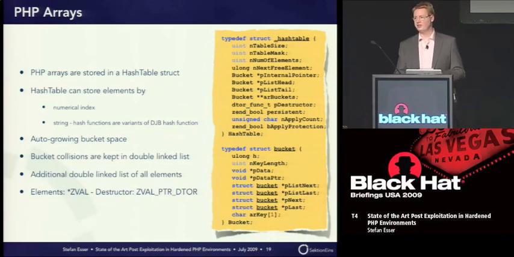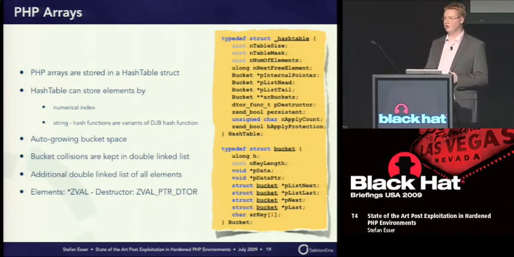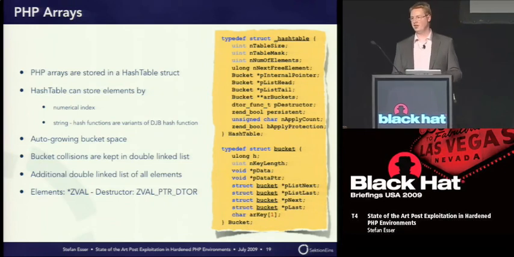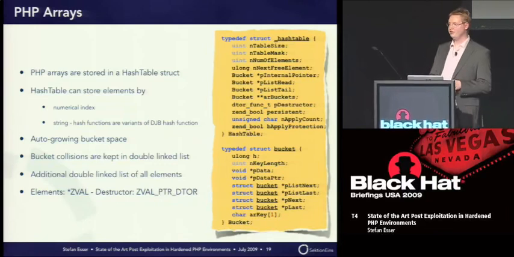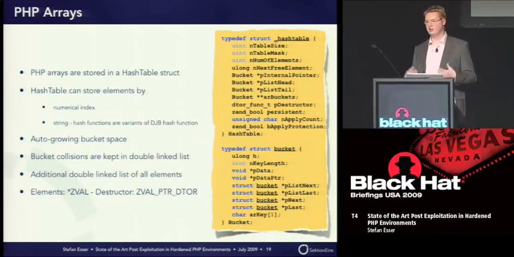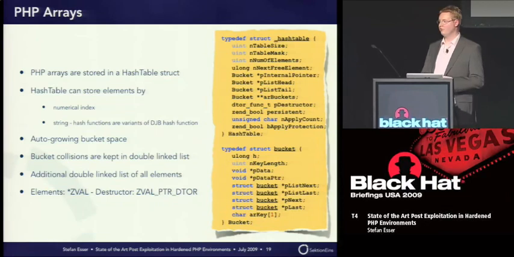One doubly linked list is used for collisions in the hash buckets, and the other doubly linked list is to keep track of all the elements in the array. Otherwise, it wouldn't be possible to just go from one element to the next. The other thing is PHP arrays are auto-growing, so it will normally start with a size of 8 elements, and if it exceeds this amount of elements, it will auto-grow to the next power of 2.